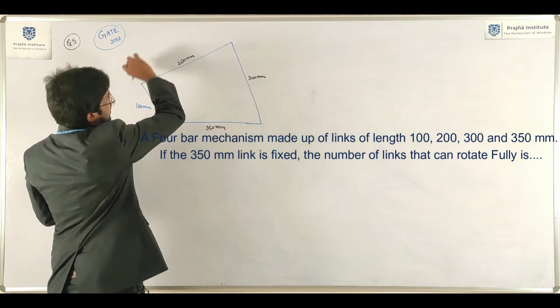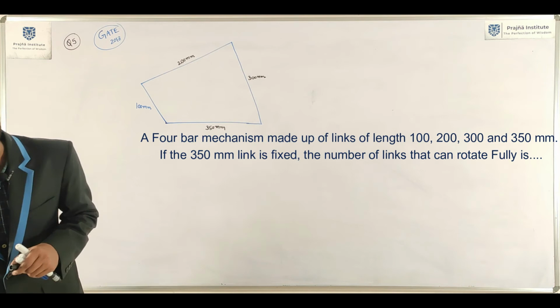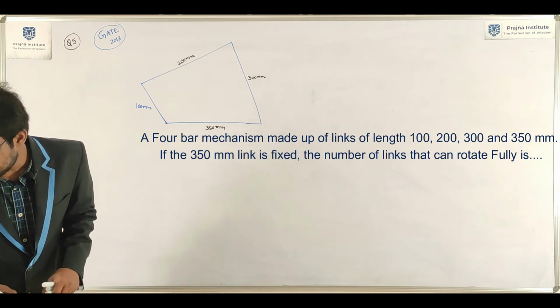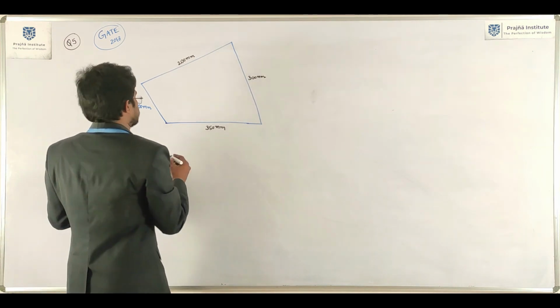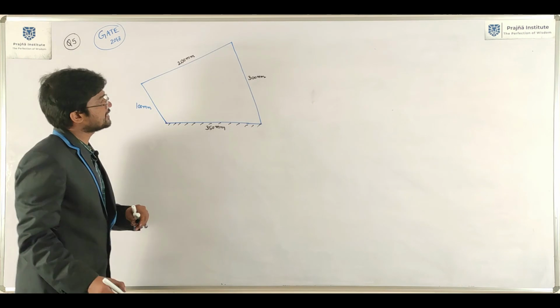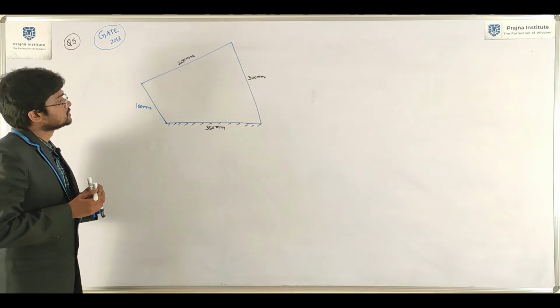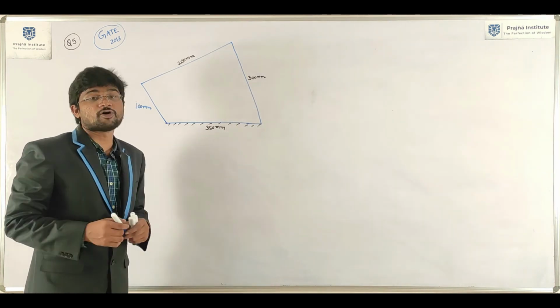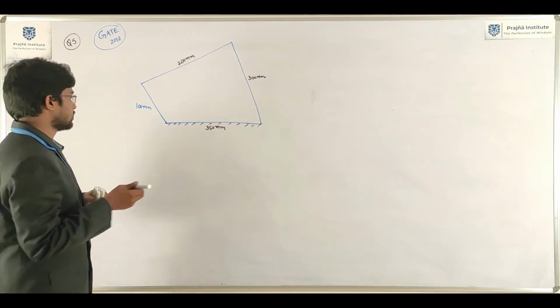You need to take a particular order: 100 mm, 200 mm and 350 mm. If the 350 mm link is fixed. Okay. So now check whether this 4-bar mechanism follows Grashof criteria or not.